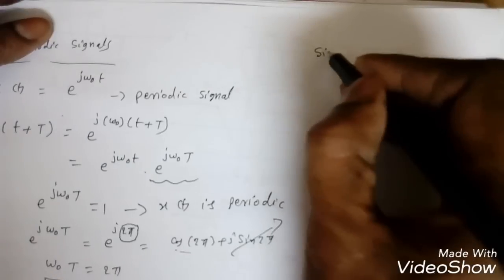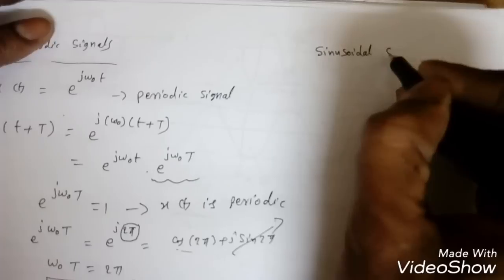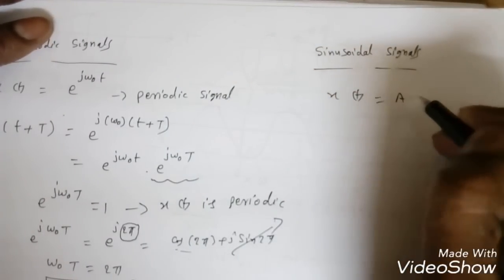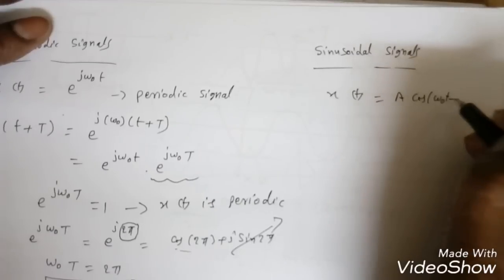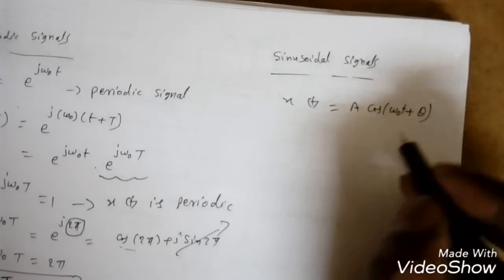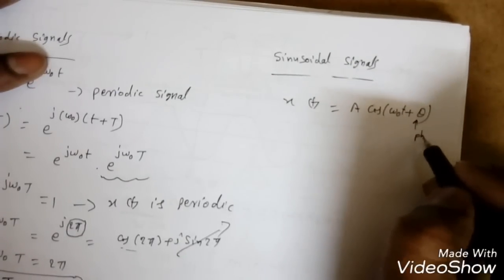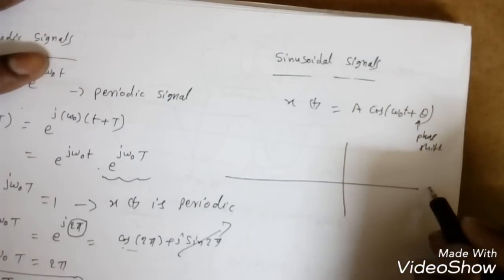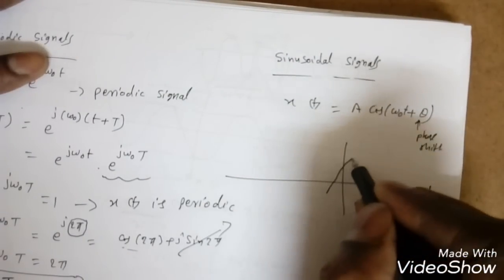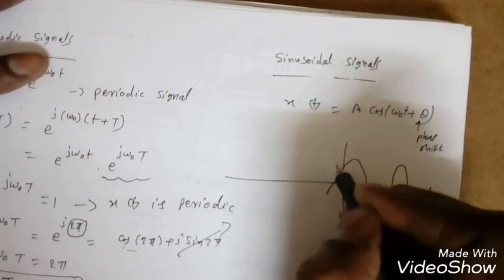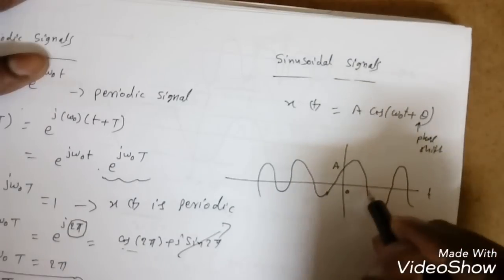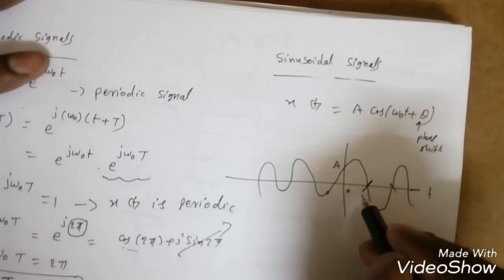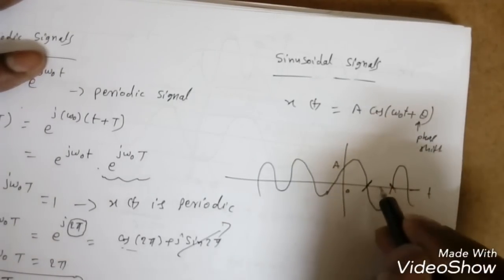Next, a very simple one: the sinusoidal signals, which everyone knows. It can be represented by x of t equal to A cos of omega naught t plus theta, or phi, where phi is a phase shift. At 0 we get A, and so on. When omega naught t goes to pi by 2, 3 pi by 2, right?